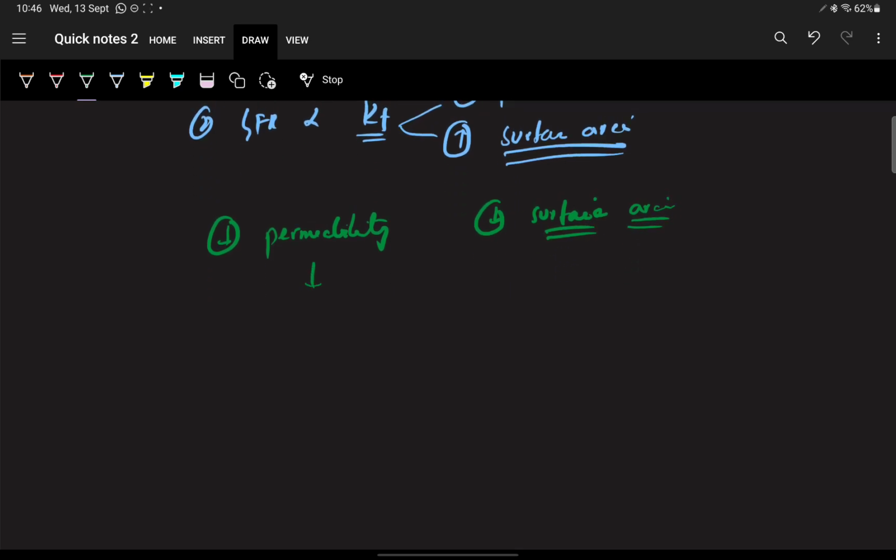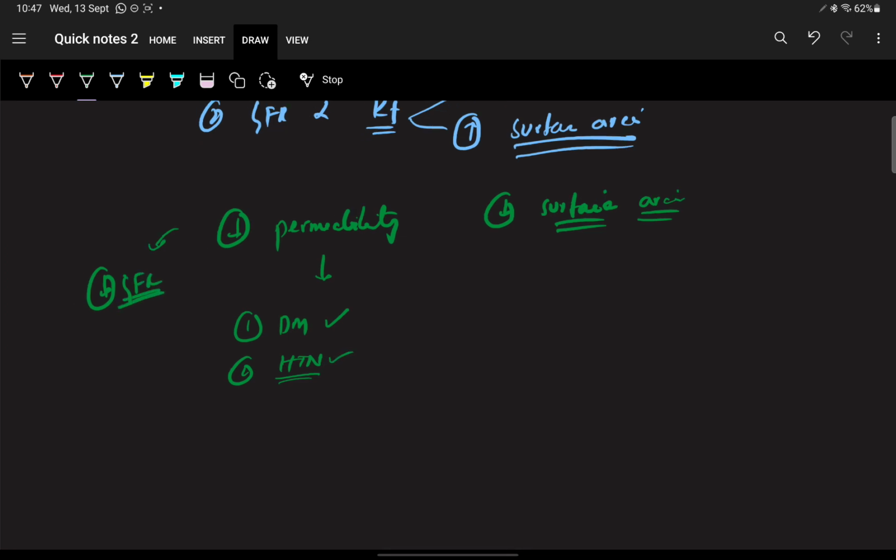Conditions where there is decreased permeability are diabetes mellitus and hypertension, because in the long-term complication of diabetes mellitus, that is after 10 or 15 years, the kidneys will get damaged and the permeability or the hydraulic conductivity will decrease, and eventually the GFR will decrease.